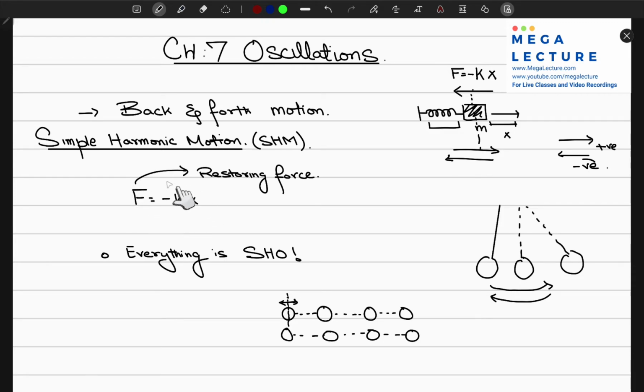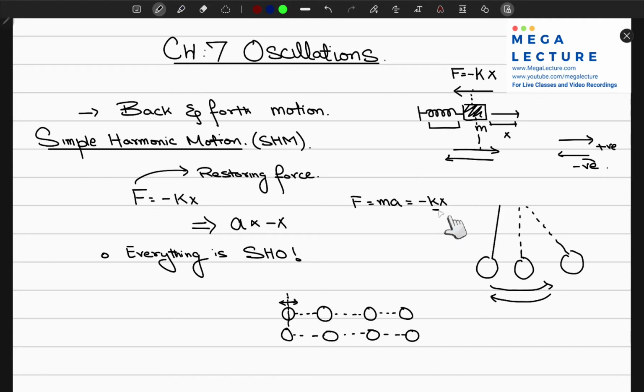Now from this we can also conclude that a simple harmonic motion is one in which the acceleration is proportional to the negative of the displacement. Because F is ma, and this is equal to minus kx.